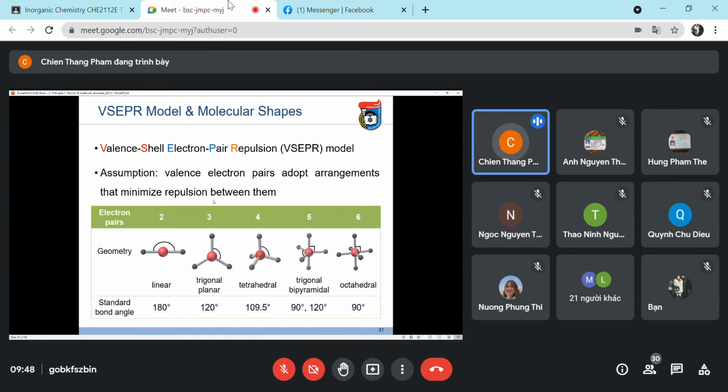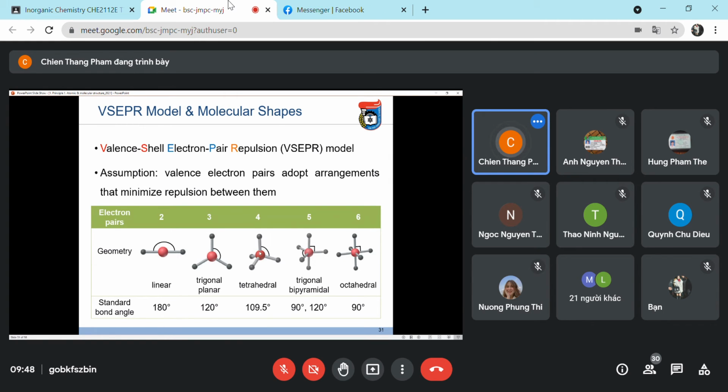For example, consider a molecule with two bonding pairs. This one is the central atom in red, and the smaller ones are the other atoms or groups bonded to the central atom. Because here there are two electron pairs, to minimize the repulsion between them, they are oriented in opposite directions.